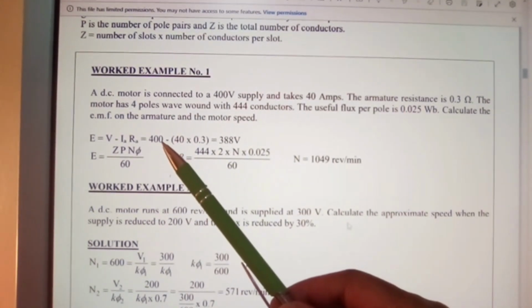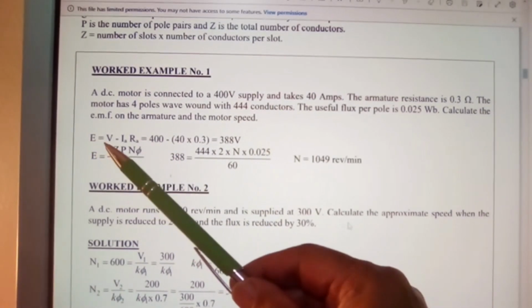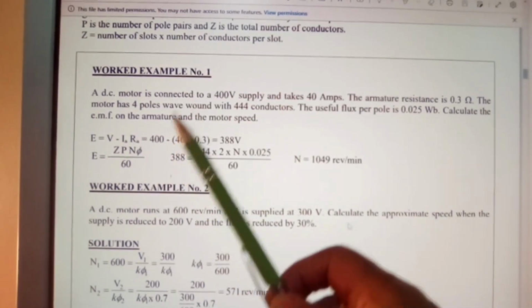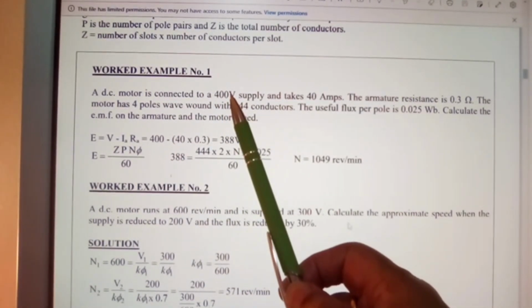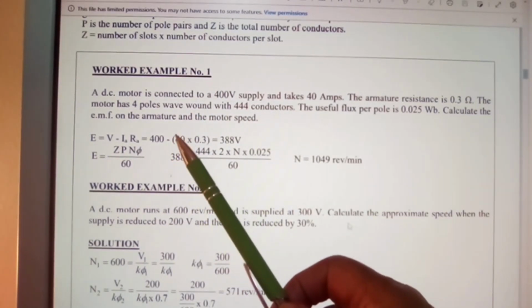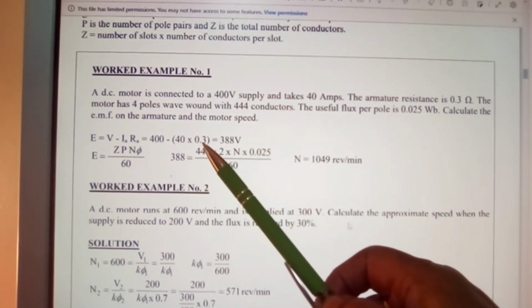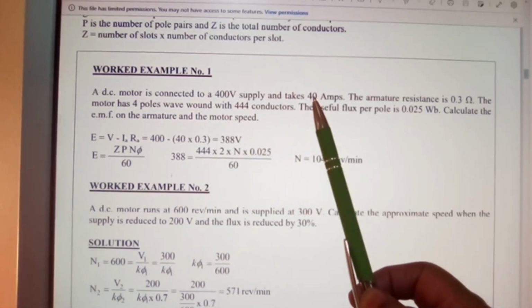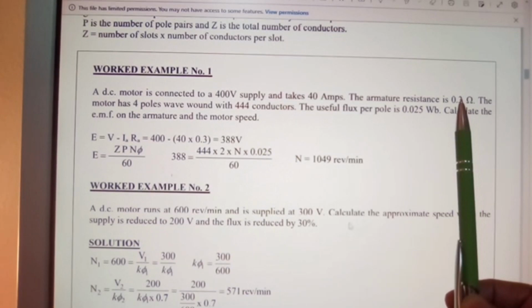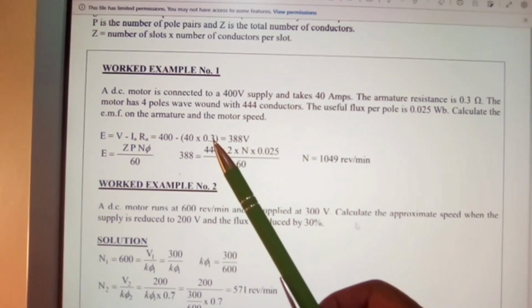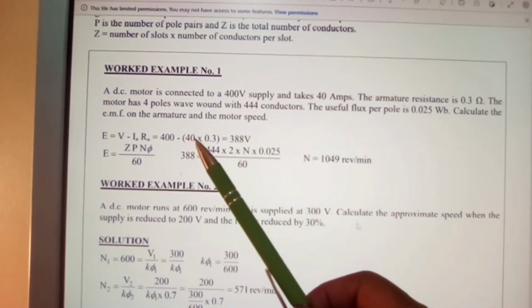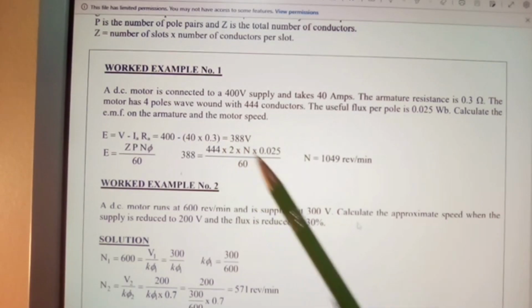So here we have E equals V minus IA RA equals 400, the 400 volts supply, minus, open bracket, 40 times 0.3. Now 40 is the amperage and the resistance is 0.3. So we know that comes from here, and we know that comes from here. It's important that you know where these pieces come from. Equals 388 volts.